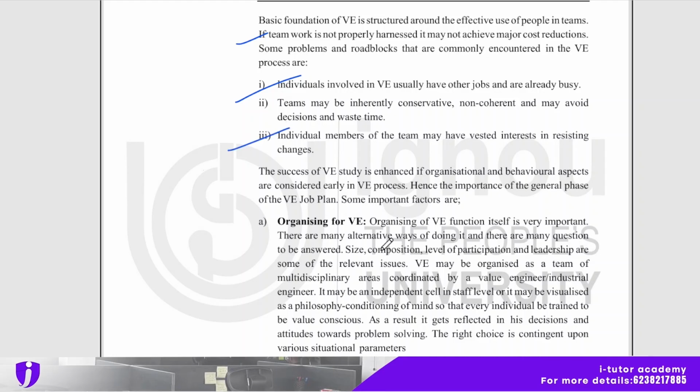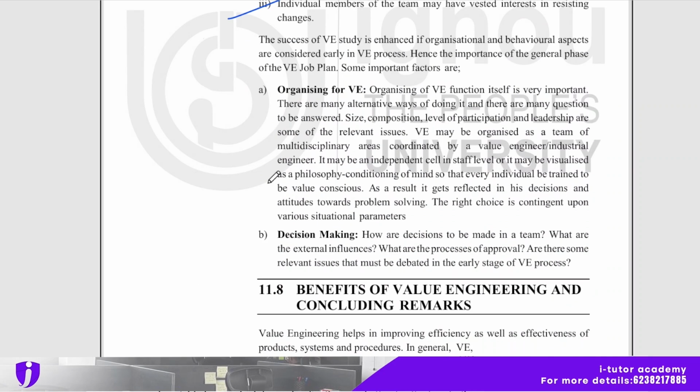An individual member of the team may have a vested interest in resisting change. The success of a VE study is enhanced if organizational and behavioral aspects are considered early in the VE process. Hence, the importance of the general phase of the VE job plan.